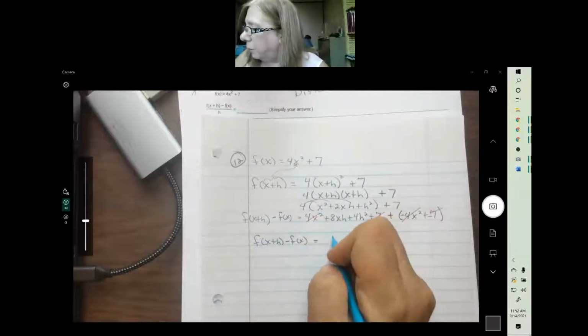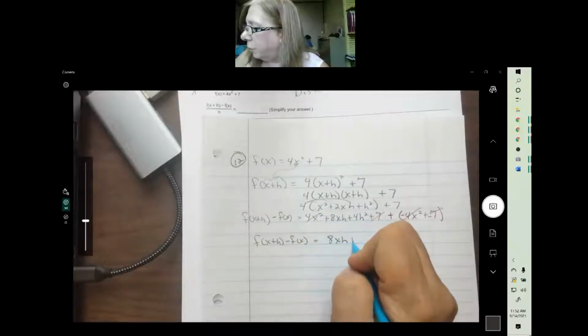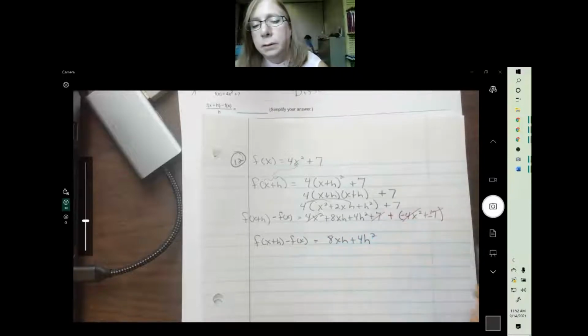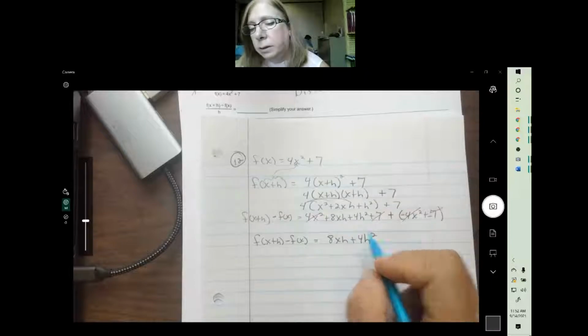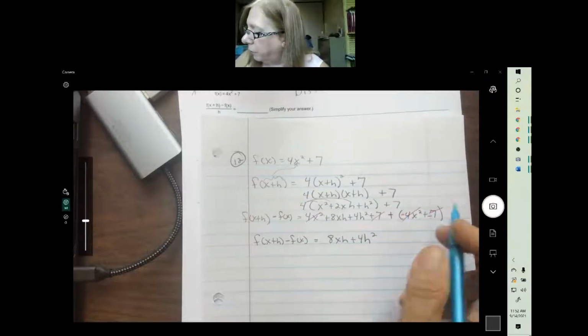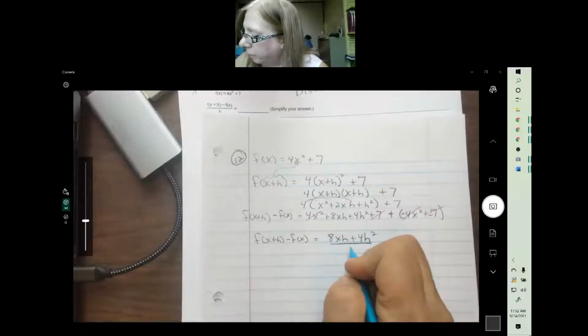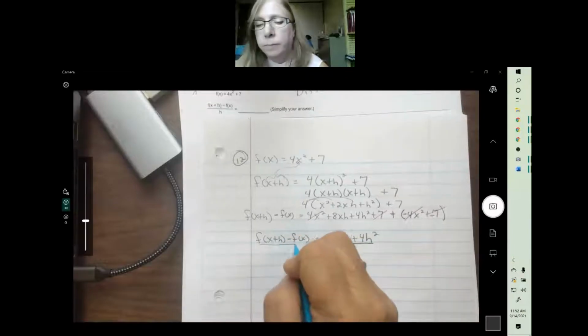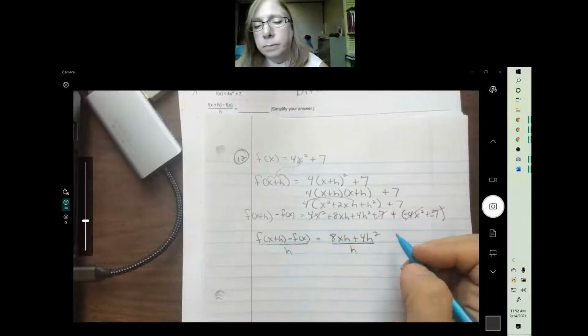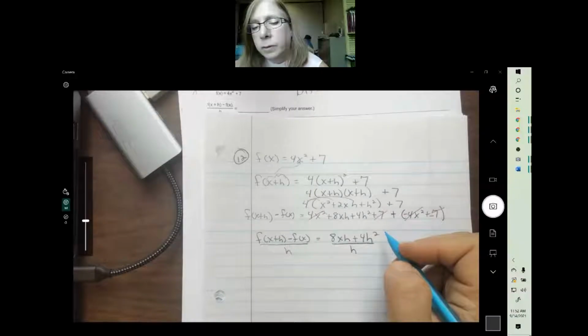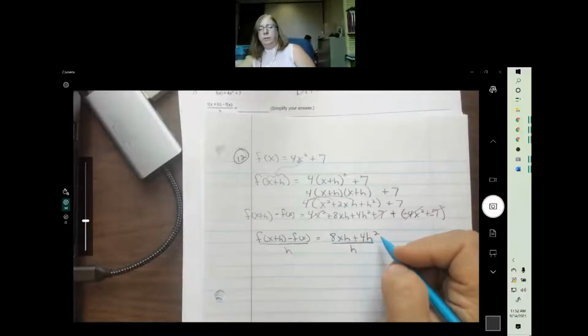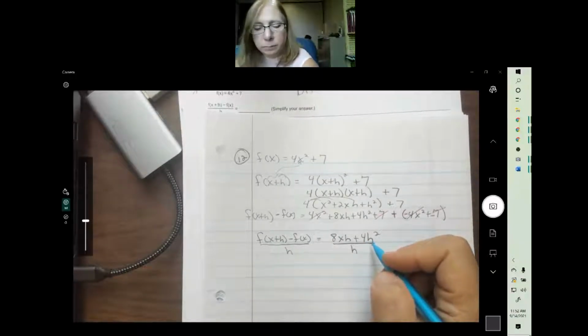We have 8xh plus 4h squared. Once you've canceled these, then you can divide by h. Any questions so far?